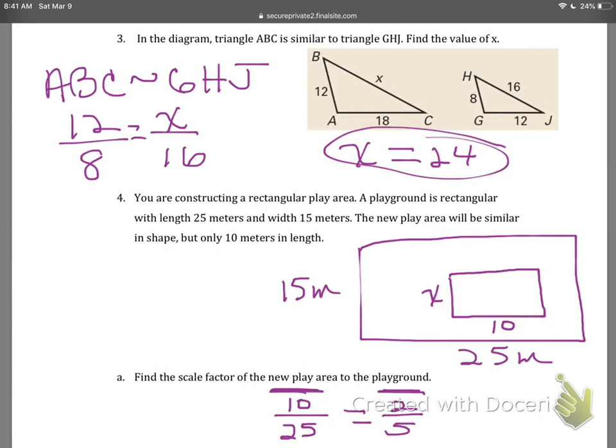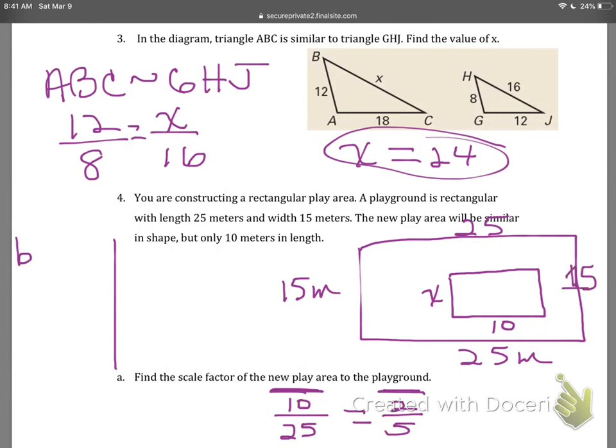All right, next they want to know about the perimeter. Find the perimeter of the playground and the play area. So I know that's on the next slide for me, but I'm going to do that work over here since I have my picture here. So first off, find the perimeter of the playground. So that's the whole big one. So if I know the length is 25, I know the top is 25, and the side is also 15.